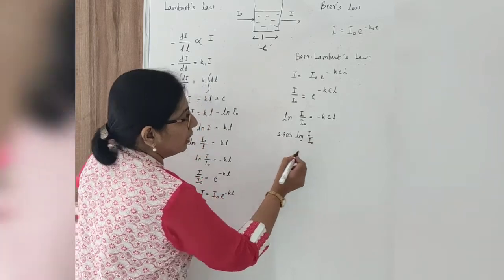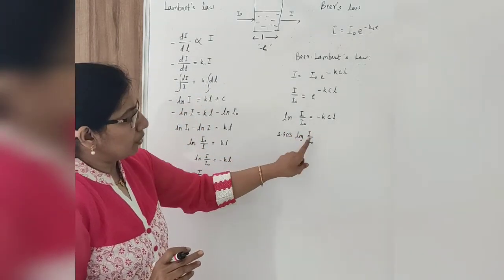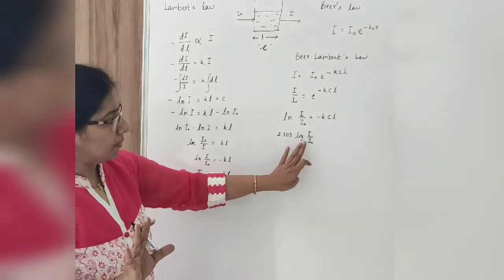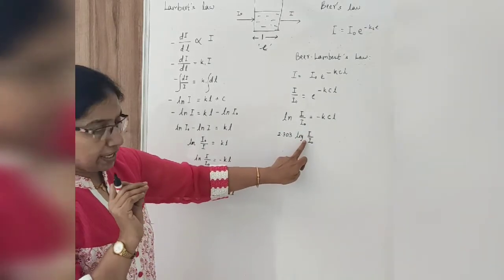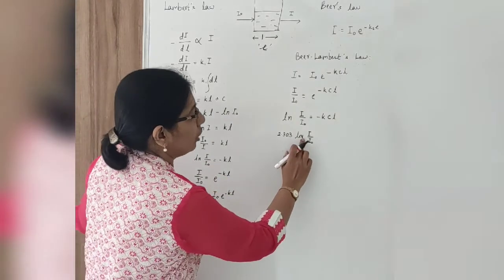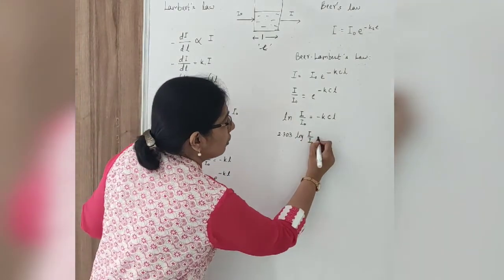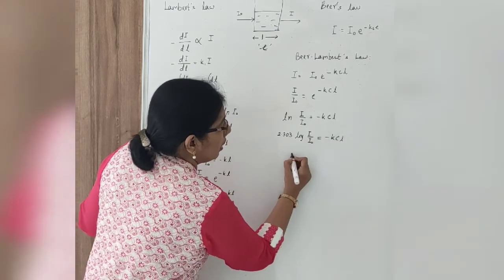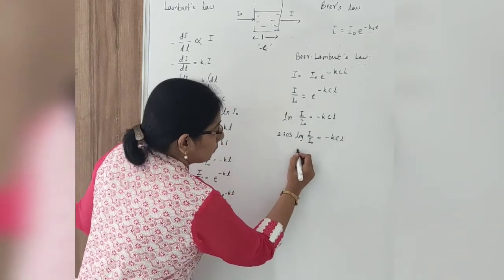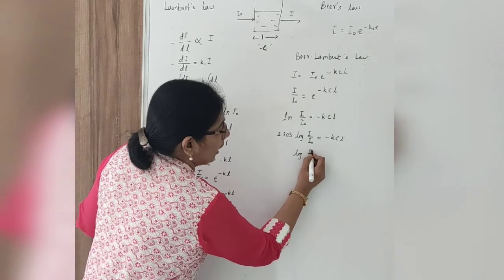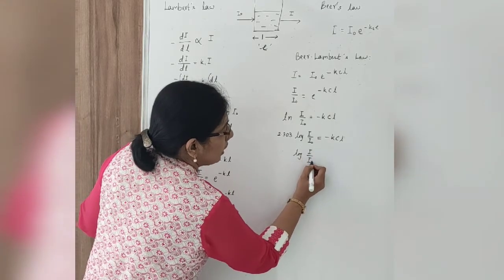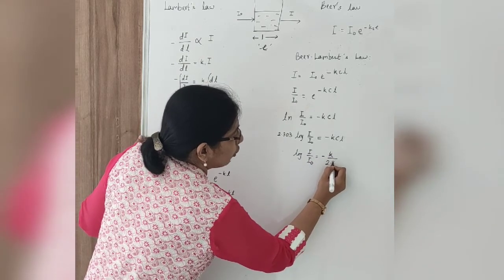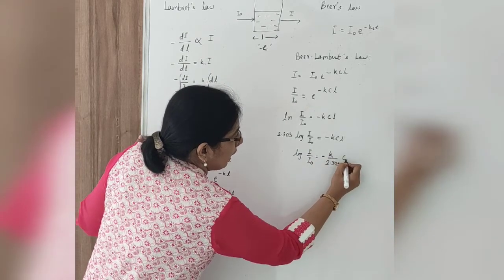Now the base is 10. So 2.303 log to the base 10 of I upon I0 is equal to minus KCl, or the same we can write as log of I upon I0 is equal to minus K upon 2.303 Cl.